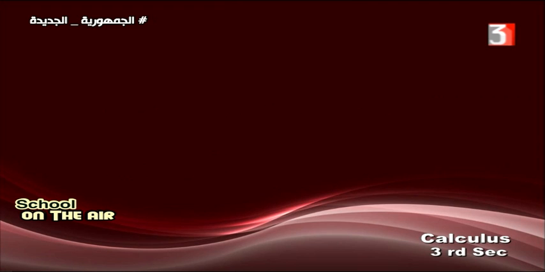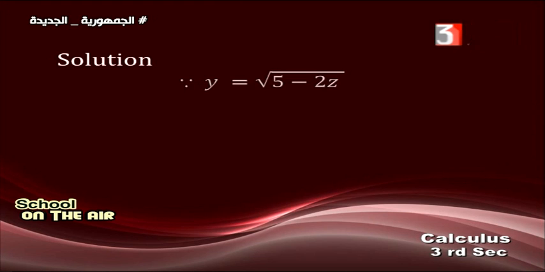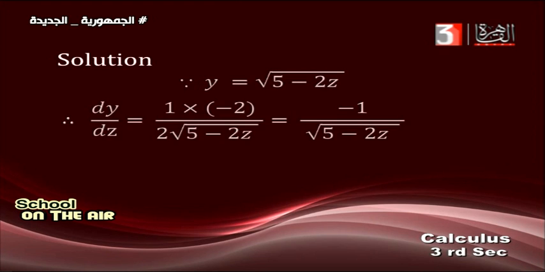Now we have y equals square root of 5 minus 2z. Then dy/dz equals the derivative of the function inside the root, which is 1 multiply negative 2, over twice the square root, over 2 multiply square root of 5 minus 2z. We can cancel 2 from the numerator with 2 from the denominator.